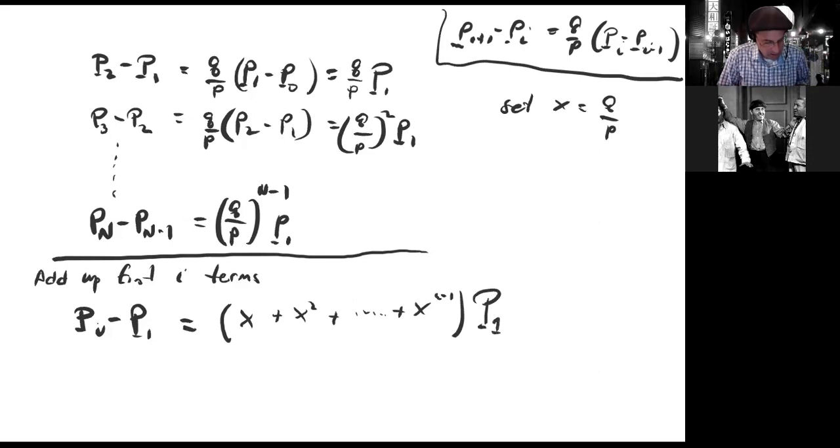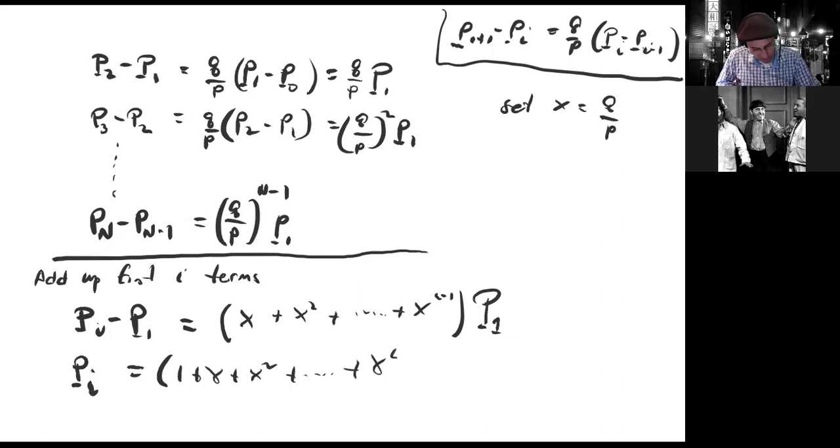Okay, so that's the equation you get. Now I can bring p1 over from the left side to the right side and factor out the p1, and you see that pi is equal to 1 plus x plus x squared all the way up to x to the i minus 1, times p1.